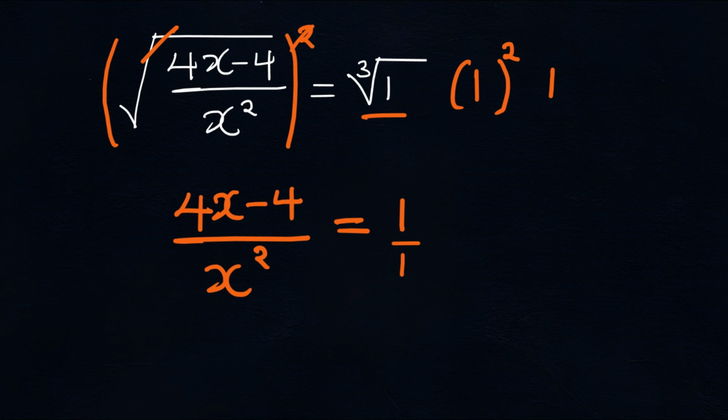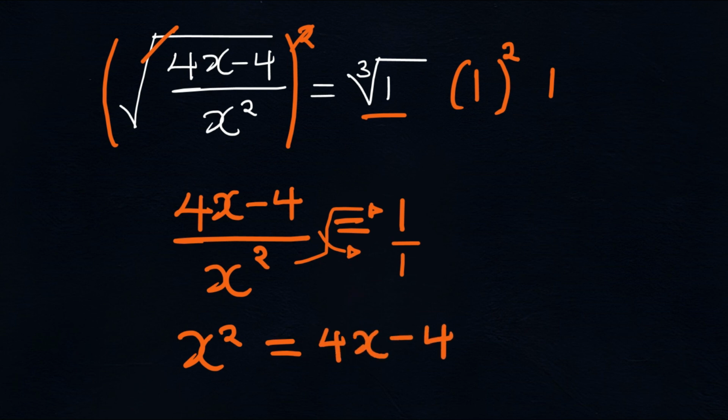It's just that we don't write 1 because any number divided by 1 is that number. So 4x is going to multiply with 1, and then x squared is still going to multiply with 1. So in the end, we are going to have x squared is equal to 4x minus 4.